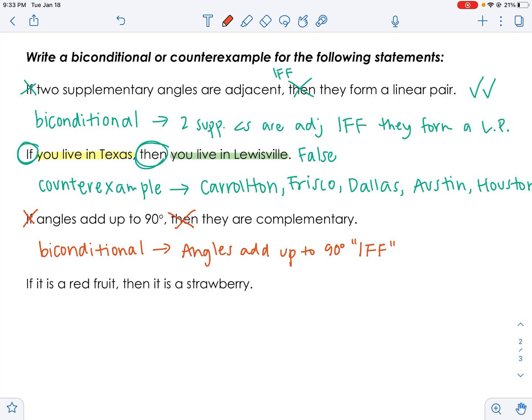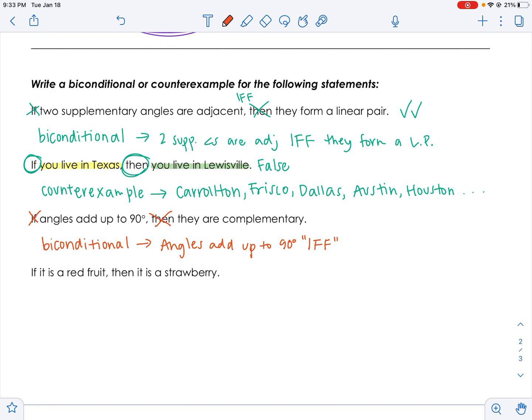This is where, if you're watching the video, you're going to know that IFF stands for if and only if, because I've said it so many times. They are complementary. I know my handwriting's not the best, but that's okay.